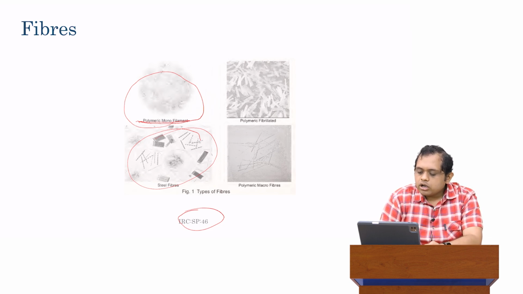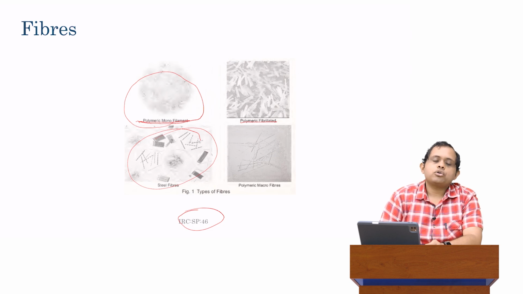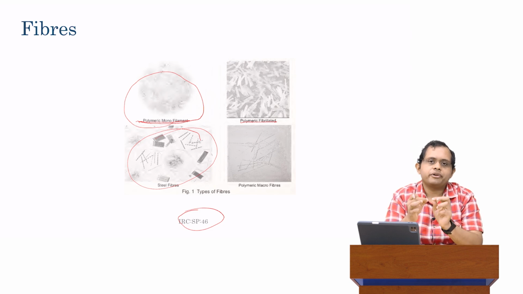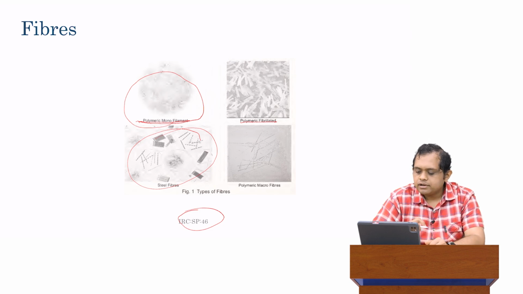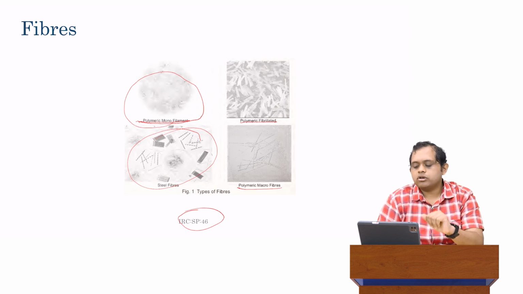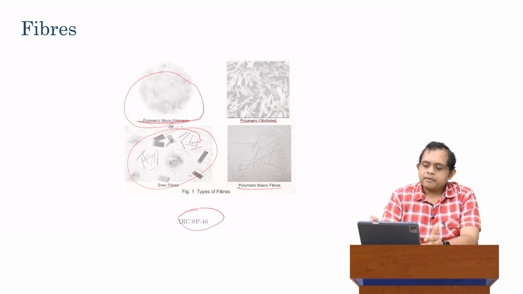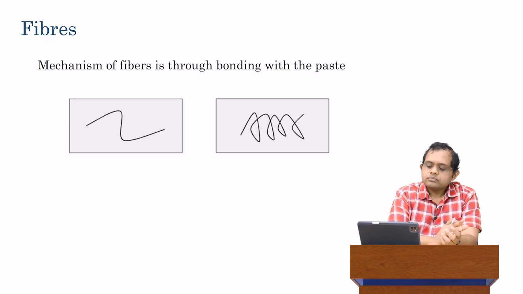You can have polymer fibrillated, where instead of just having thin thread-like fibers, the polymer fibers have some sort of structure and geometry in them, which is what you call fibrillated. Or you can have polymeric macrofibers. We'll talk about what macrofibers are in a second. So these are just some different examples of what these fibers could look like when you're mixing them into FRC. Why does FRC work?